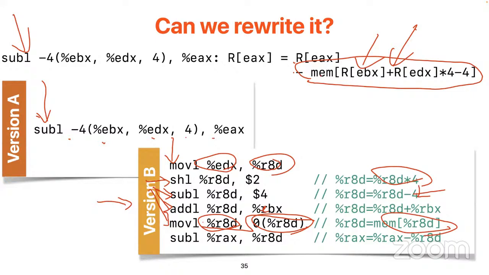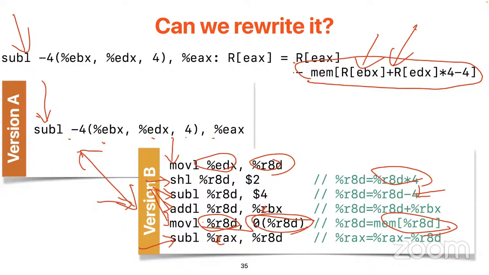And finally, subtract R8D from EAX, right? That's essentially implementing this instruction. The same functionality, but a different expression.